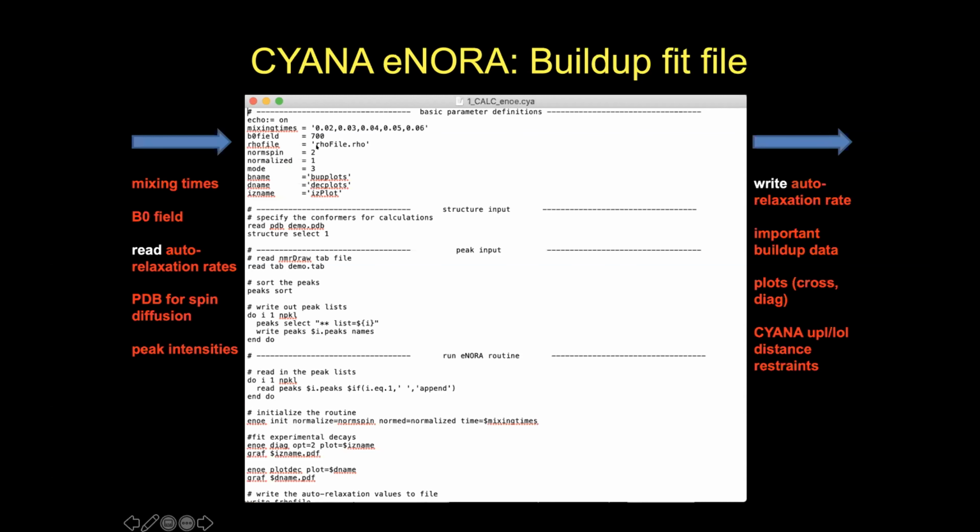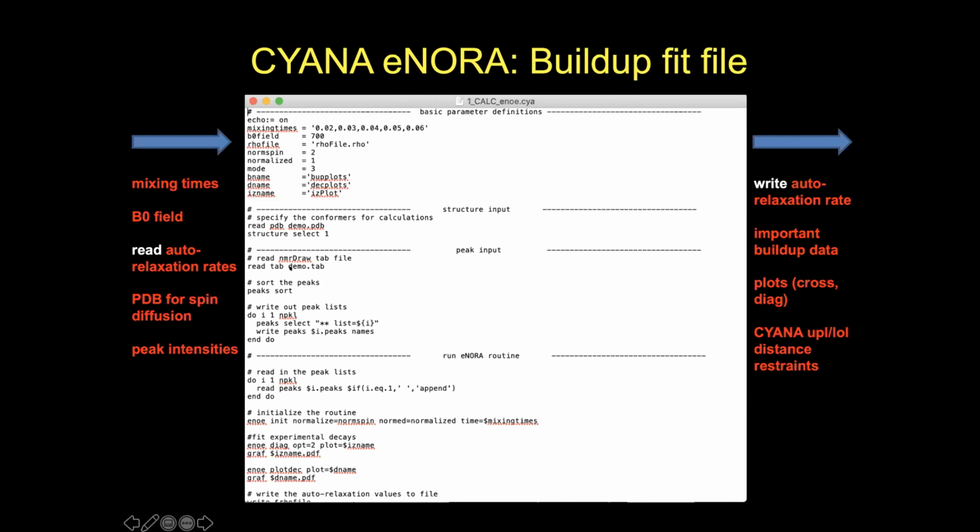Then again, you choose which spin or which entry in your assignment is actually the spin where the magnetization originates from. So in that case here, it was actually the second entry. Then you tell to which spin you want to normalize your buildups. That's here. Then we skip this because this is all standard. Then here you define the PDB, the original structure you use to estimate your spin diffusion.